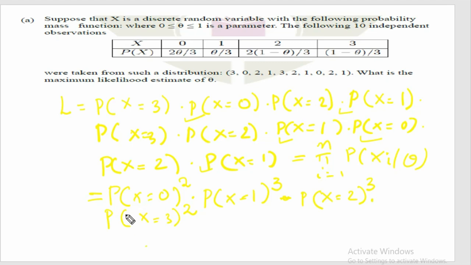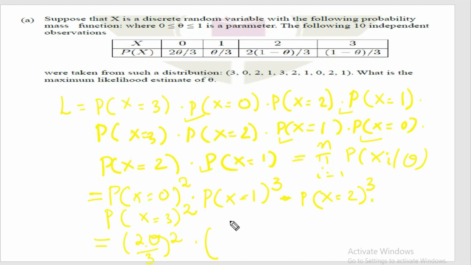Now it is already told that when x is equal to 0, P of x is equal to 2 theta by 3. So we can replace this with 2 theta by 3. So that can be written as 2 theta by 3 the whole square, into x is equal to 1. So what is the value when x is equal to 1? It is theta by 3.